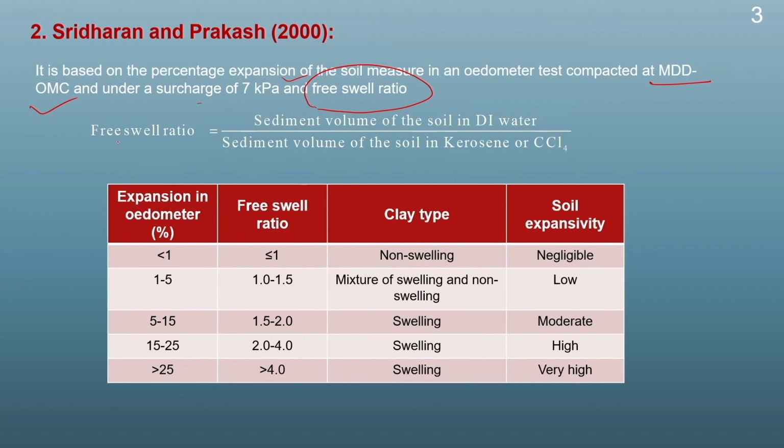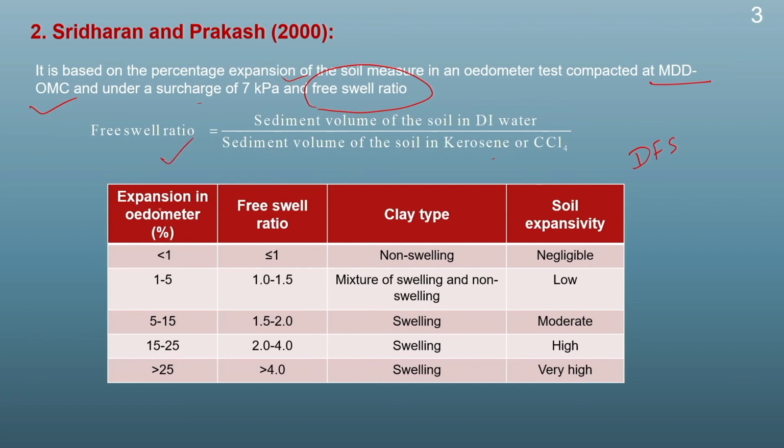Here I need to tell that the free swell ratio is different from the DFS, that is differential free swell. In free swell ratio, the sediment volume of the soil is measured in DI water, and the sediment volume of the same soil is determined in kerosene or CCl4 solution, and that ratio is known as the free swell ratio.